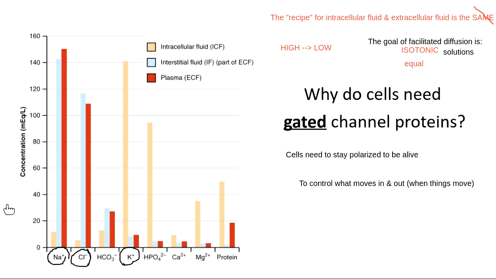That's my hint for you. The salty banana was how we remembered what's more concentrated inside versus outside. That is always true. There's only a couple of exceptions to that, and we will talk about one of them at the very end of the semester. But I want you to assume for 90% of the semester that there's more sodium and chloride outside and more potassium inside.